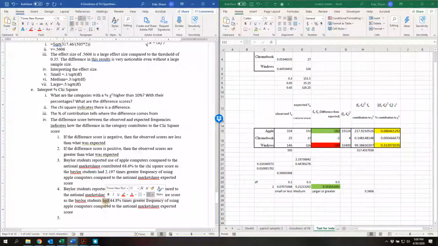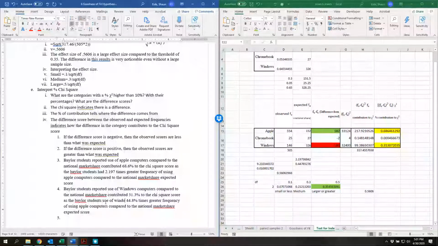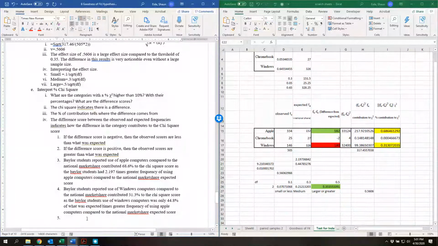Baylor students' use of Windows computers was only 44.8% of what was expected compared to the national market share expected scores.